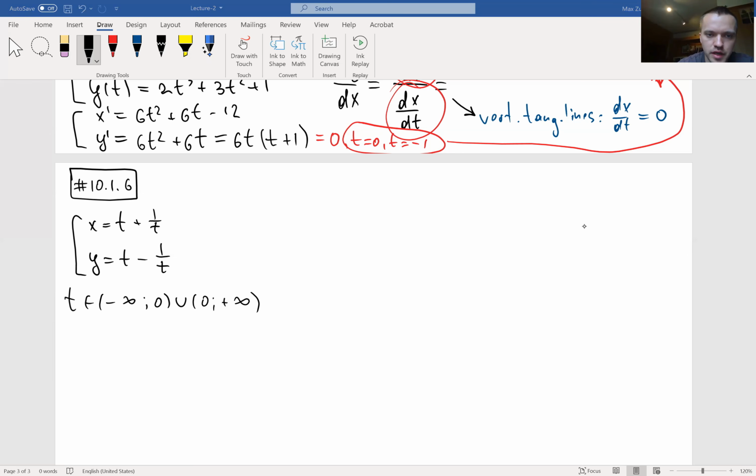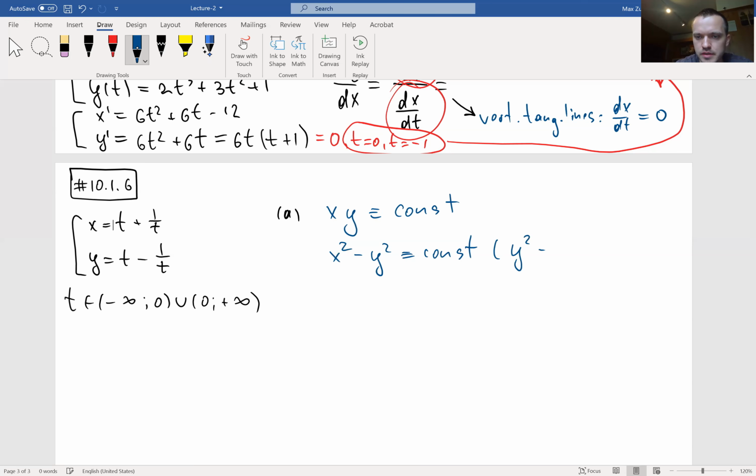So the first part A, I want to show that that is a hyperbola. We know two equations of hyperbola. The first equation is x times y is equal to constant. And the second equation of hyperbola is either x squared minus y squared is equal to constant, but this is kind of the same as y squared minus x squared is equal to constant.